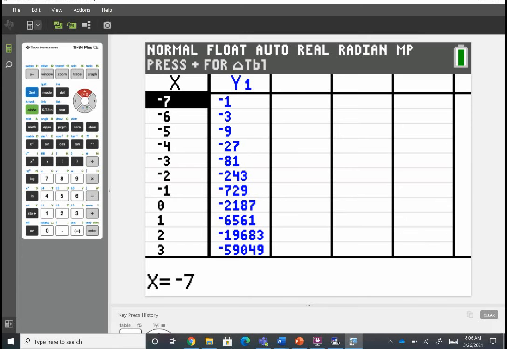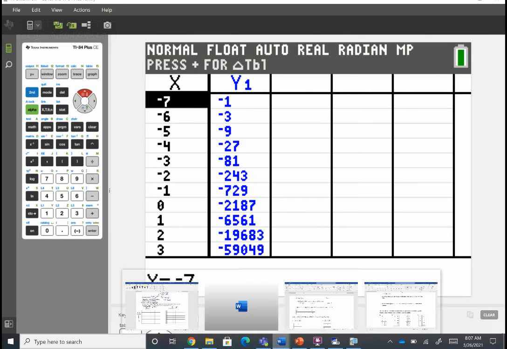As your graph moves around, you have to do some scrolling on your table. If it goes to the left 7, -7 is left 7, so it makes sense that we should go to where x is -7. So I'm going to do -7, -1, -6, -3, and -5, -9. That's what I'm going to put on my sheet.